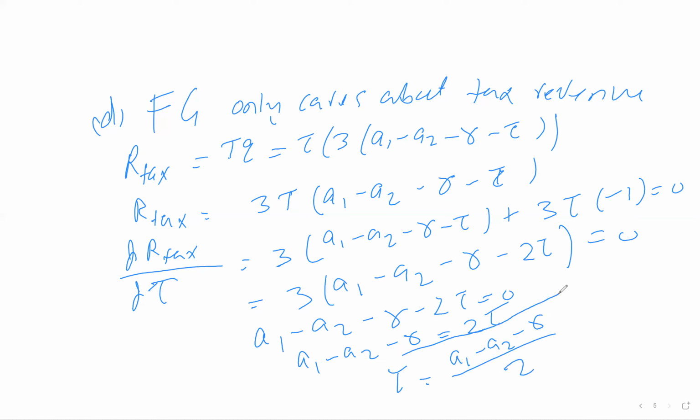So the question was, imagine the French government only cares about the tax revenue, so what is the optimal tau? The optimal tau for the French government is (A1 minus A2 minus gamma) over 2.